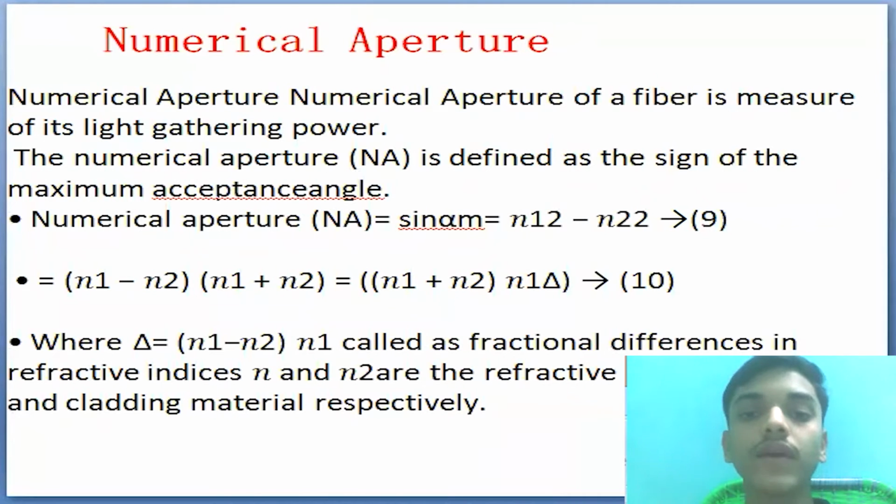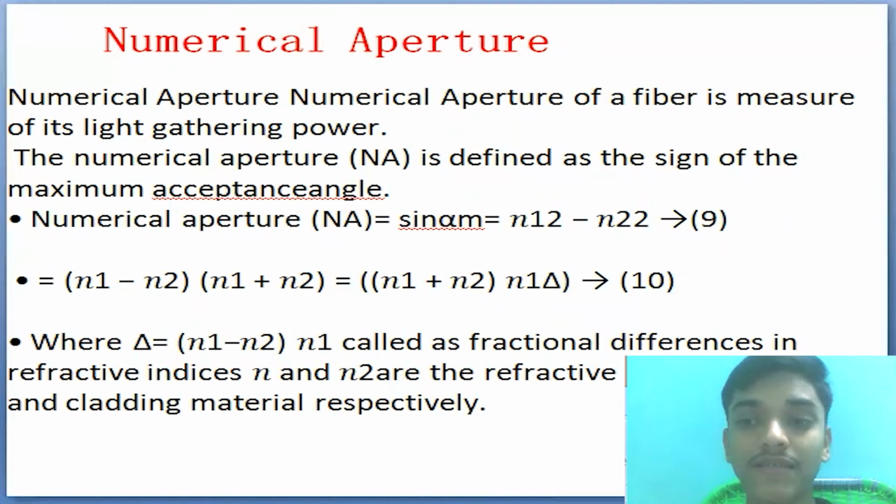So the third one that we go through is numerical aperture. I think we are very familiar with this word, numerical aperture. Aperture is related to optics only. So numerical aperture is a measure of its light gathering capacity.